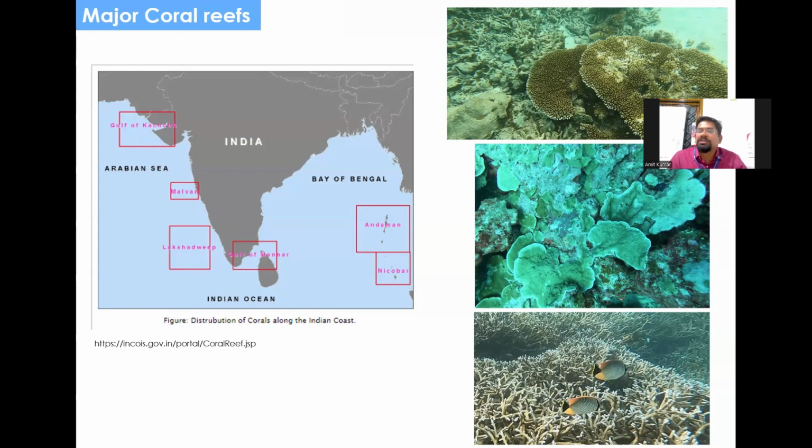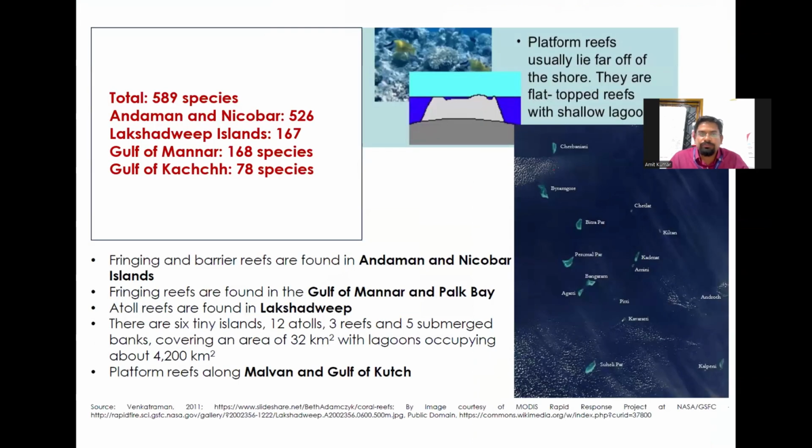Here you can see some images of the coral, taken either in Lakshadweep or in Palk Bay. Overall, close to 589 hard coral species are reported from the country, the majority from Andaman and Nicobar, that is 526. Then in Lakshadweep Islands, close to 167 hard coral species, in Gulf of Mannar 168, and Gulf of Kutch 78 species.